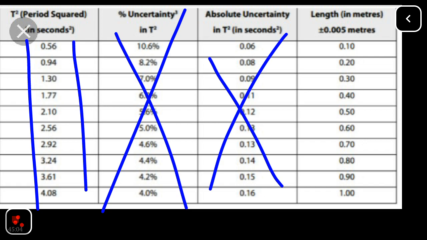Sometimes if you do your experiment, your length will be in centimeter, but when you're doing your graph, I prefer you go with meter because your g is in meter per second square, not centimeter per second square. Sometimes we normally get the answer in centimeter square before you convert it to meter square if you use your length in centimeter.